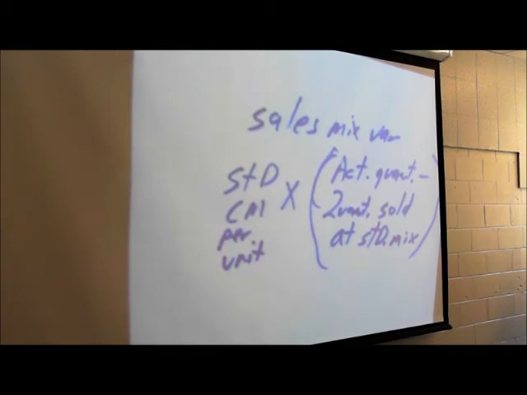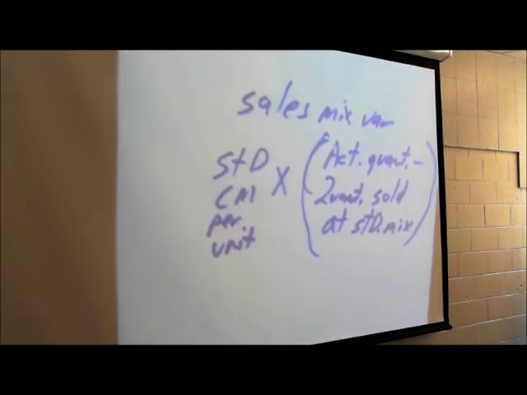Again, this is when the company has multiple products, and these products are not perfect substitutes for each other. What's that say? Quantity sold at standard mix. The sales mix variance just measures the impact of substitution. Now, the sales quantity variance is a change in volume of sales independent of any sales mix change.